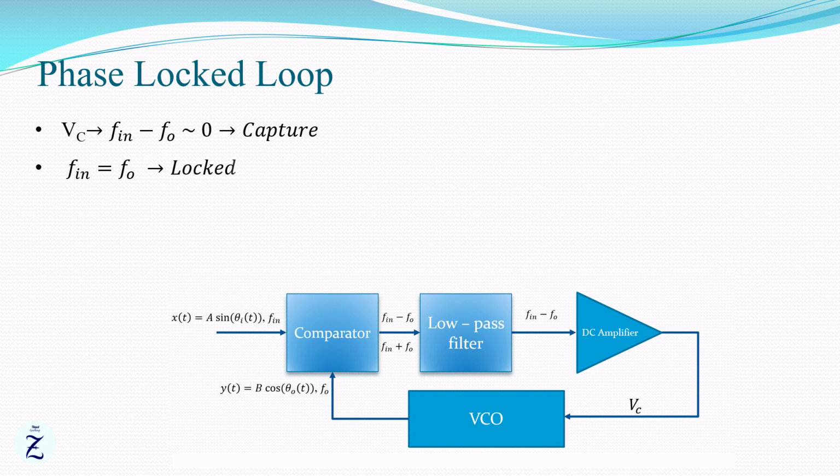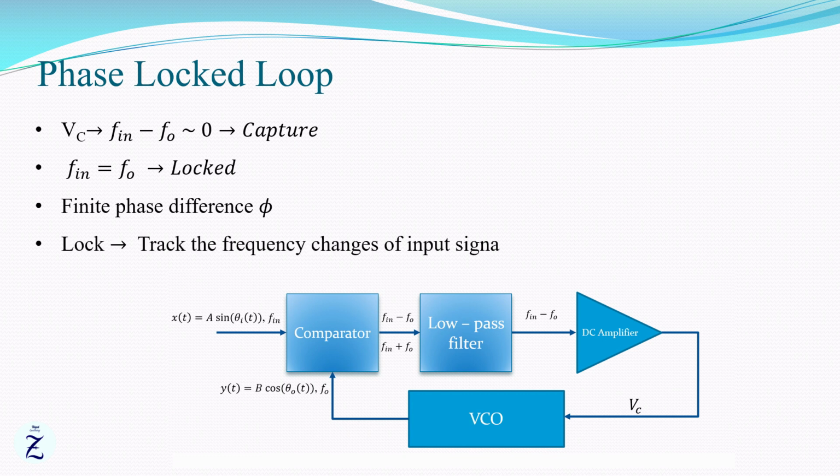Once the circuit is locked, the signal of frequency F0 of the VCO is identical to the input signal having frequency Fin except for a finite phase difference φ. This constant phase difference φ generates a corrective control voltage Vc to shift the frequency from F0 to Fin and thereby maintain the lock. Once the circuit is locked, the PLL tracks the frequency changes of the input signal.